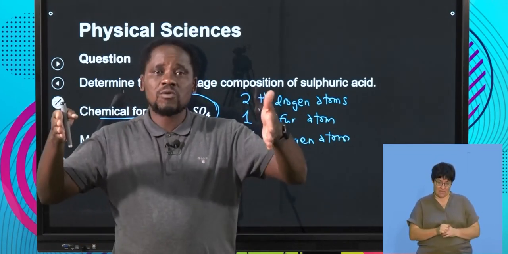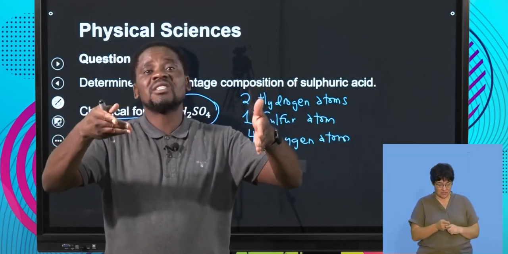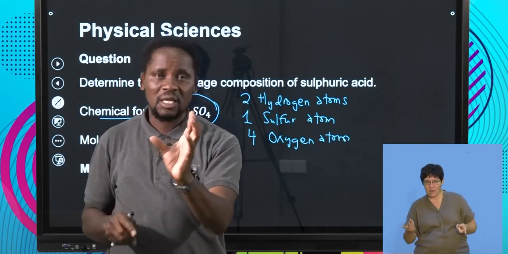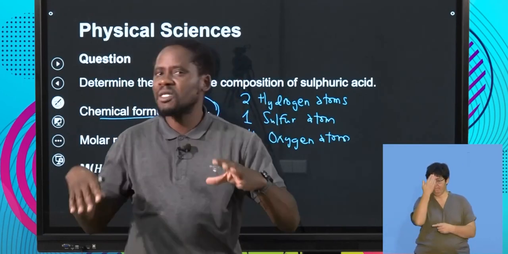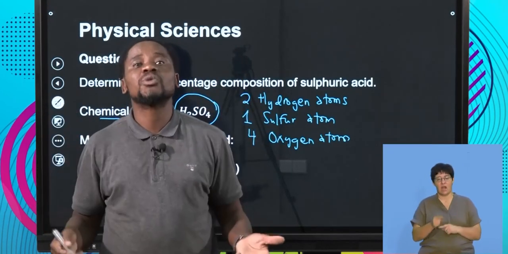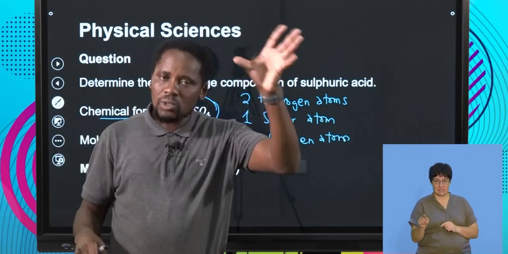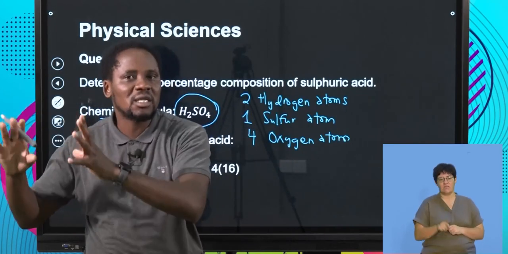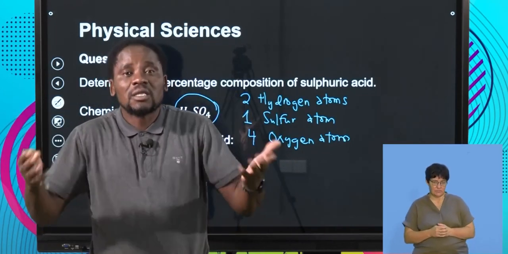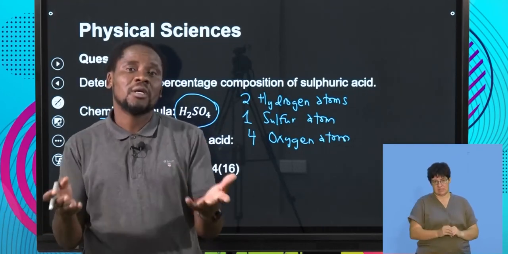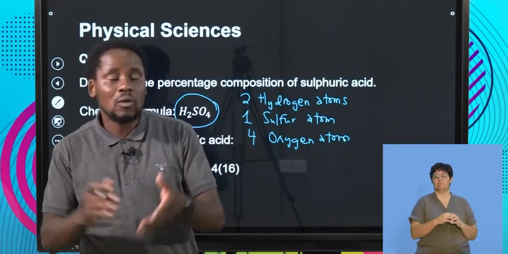Then the chemical formula gives us an indication of which elements make up that substance. From the subscripts, we are able to say, if for this element there are 2 atoms, for that element there is X number of atoms, then this sets the way for us to determine the percentage of a given element in a compound.